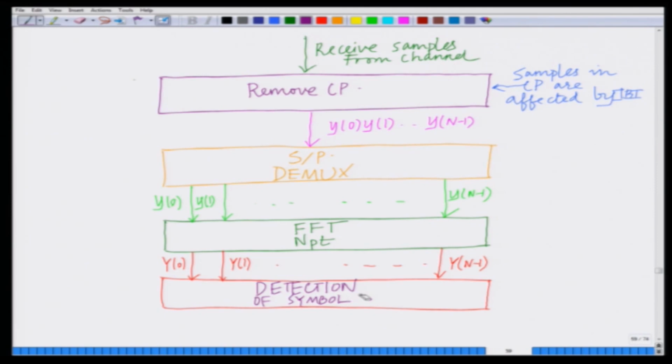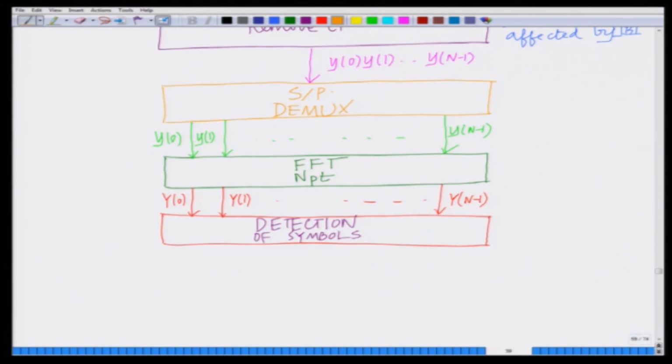Using each capital Y of k, we are going to detect the transmitted symbol X of k, and what we are going to have here is the detection module.